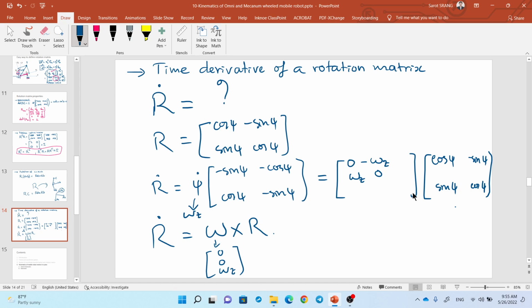If we study rotation in 3 dimensions, I must show this to you, but we don't need that. We just need to remember this, so I don't need to show it.